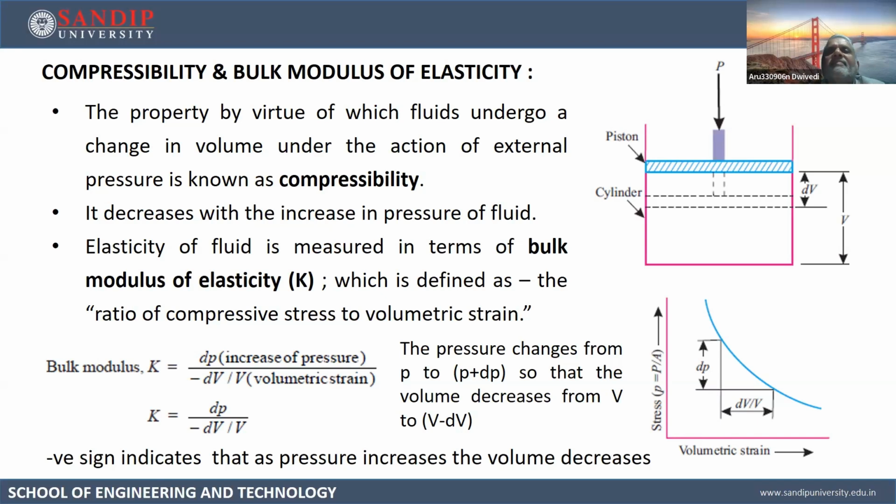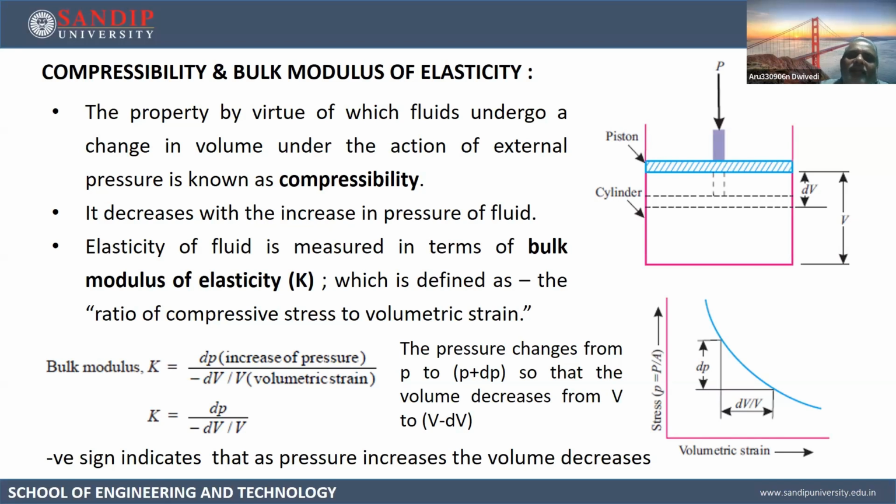It is related to the Young's modulus of elasticity which you might have studied for solids. So K is the bulk modulus of elasticity, dP upon dV upon V. Now, many of you may wonder why the minus sign is incorporated in the denominator, dV upon V with the minus sign and dP with the plus sign.